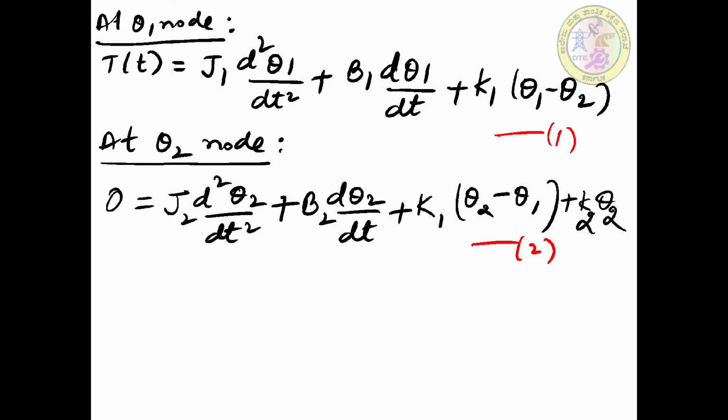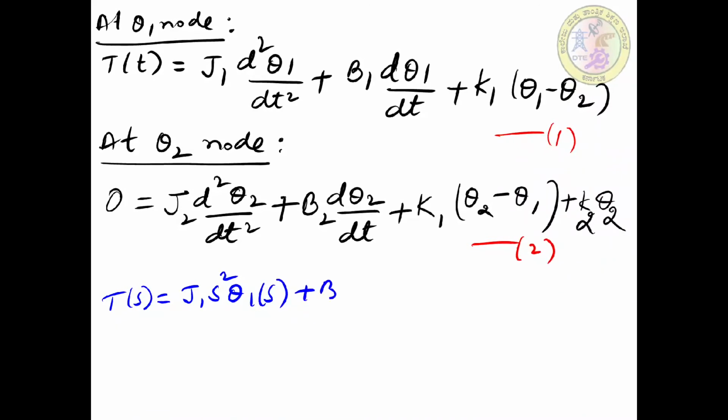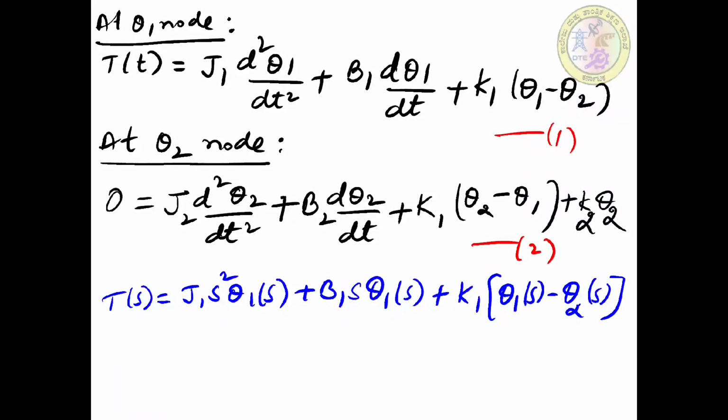Taking the Laplace transform, what we have is T of s is equal to J1 s squared theta 1 of s plus b1 s into theta 1 of s plus k1 into theta 1 of s minus theta 2 of s.